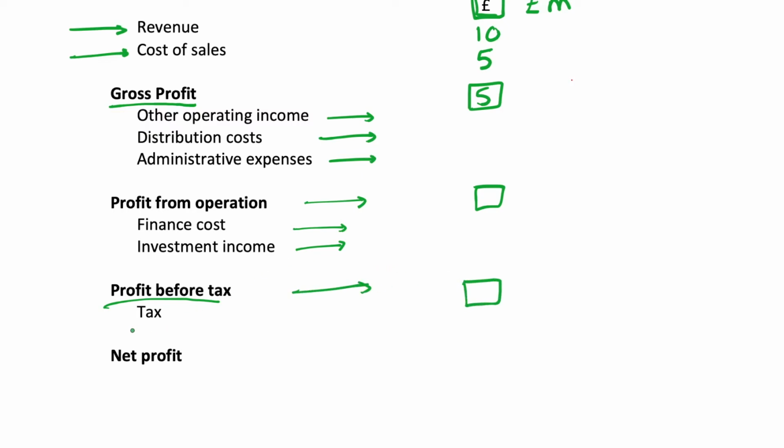And then obviously we have to tax the profit of the firm, so we will subtract the tax and we'll get a new total, and this new total will be our net profit, which is what the statement of profit or loss is generally gearing up to show us.